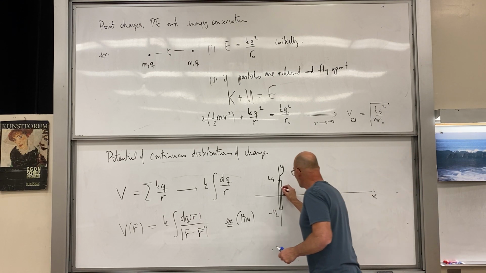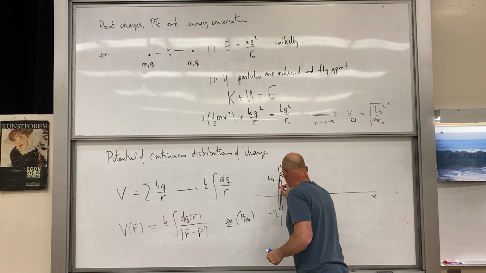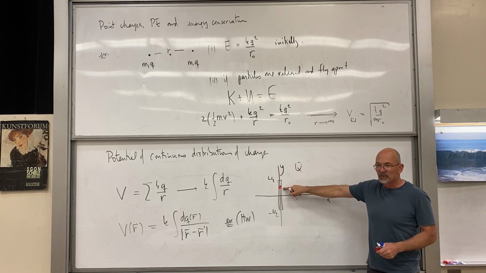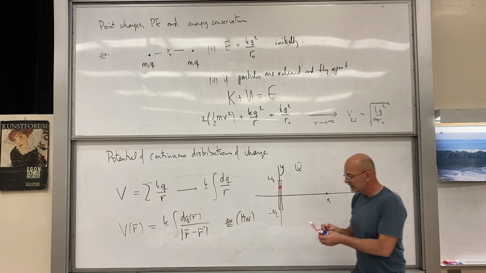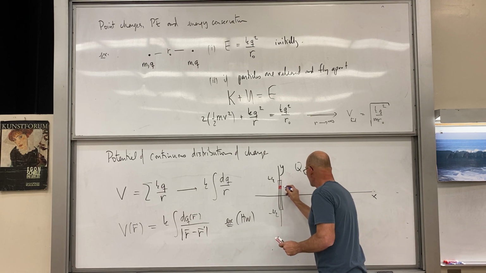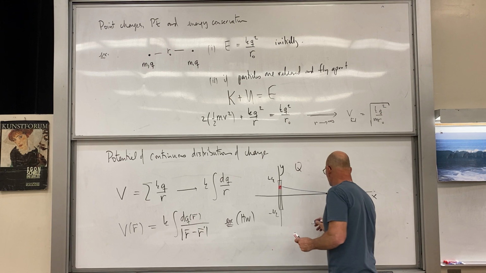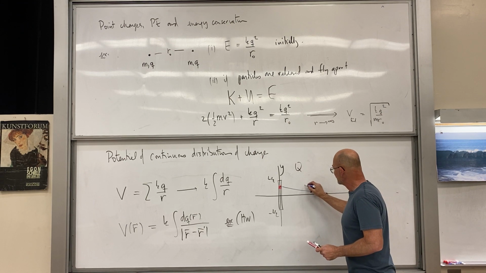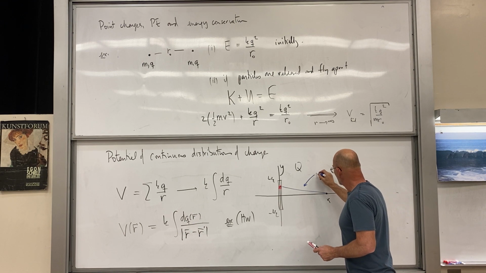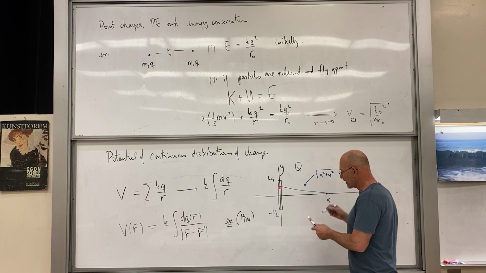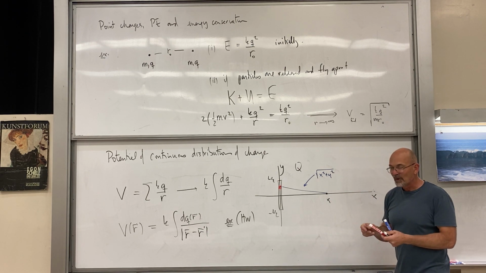So what we're adding up is a bunch of elements of dq on this y-axis, and the distance is always this hypotenuse here. And this hypotenuse is root x squared plus y squared, and we're integrating over dy.